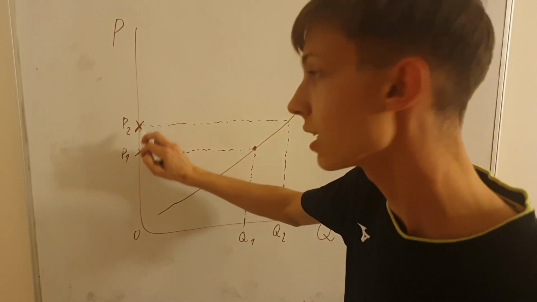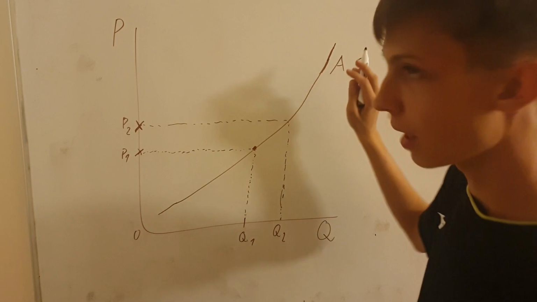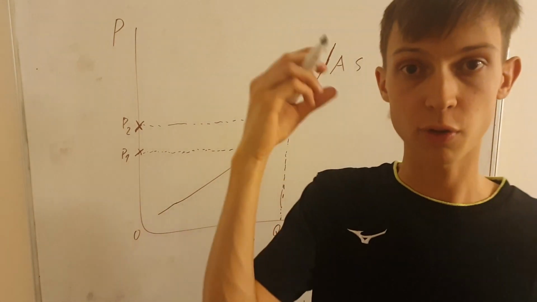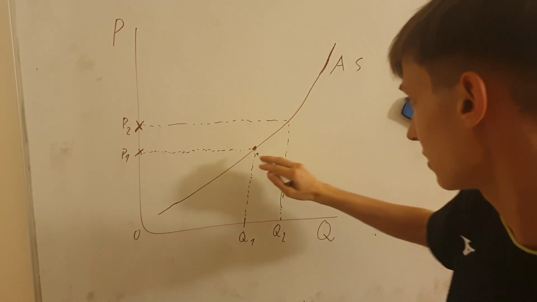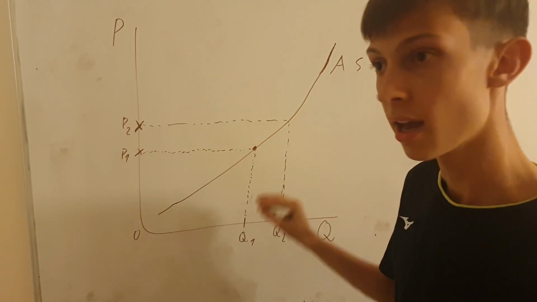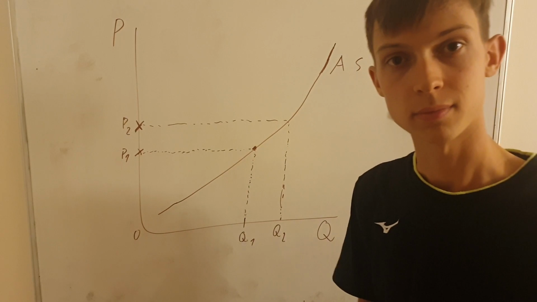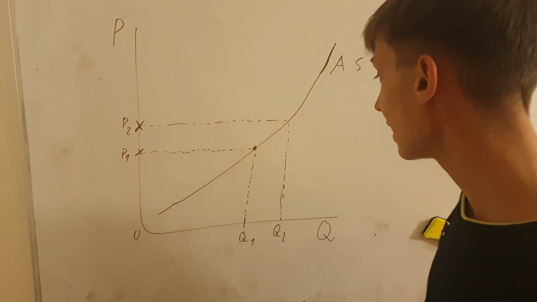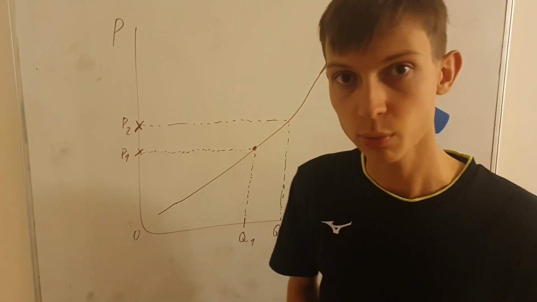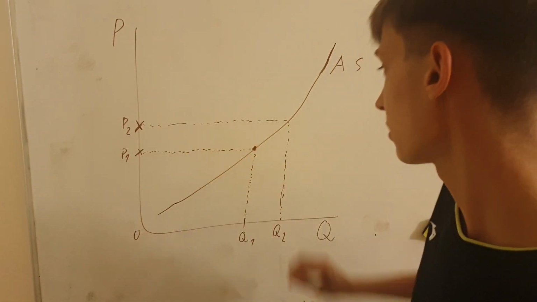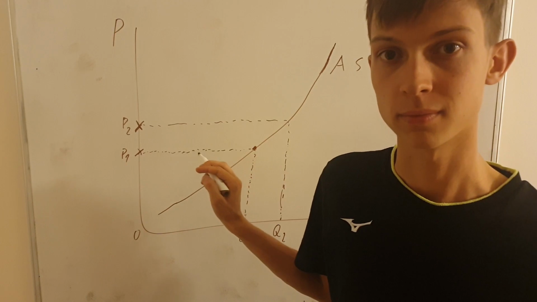Because with rising price levels, let's view this from the perspective of businesses, when the price levels go up, suppliers, let's say businesses, are more willing to supply more output. Or, from the expenditure perspective, with rising price levels, expenditures will rise.